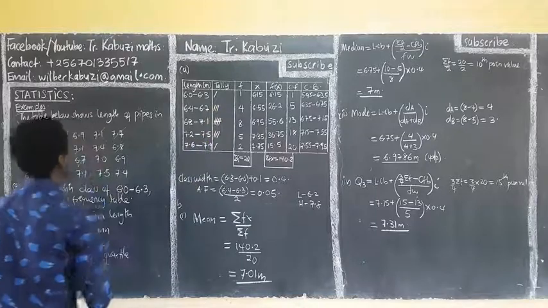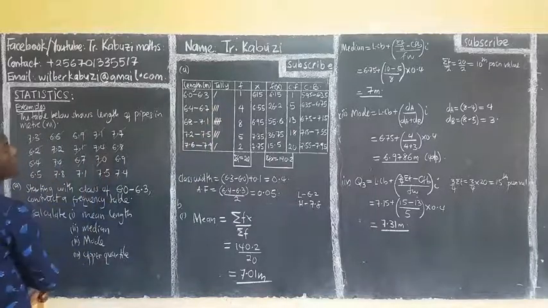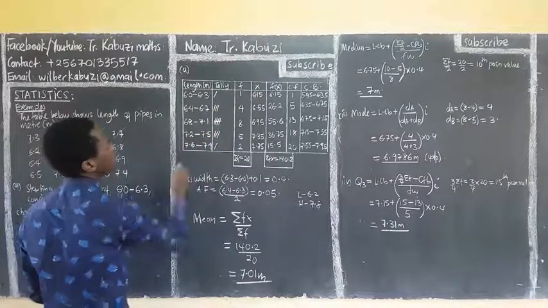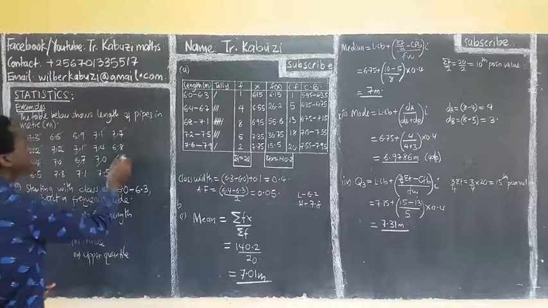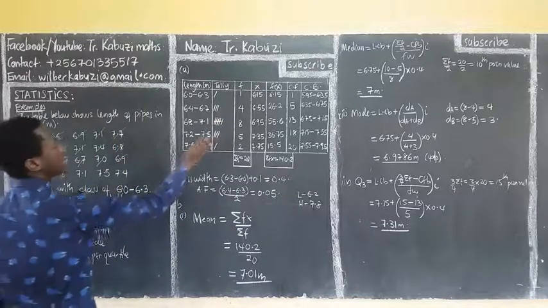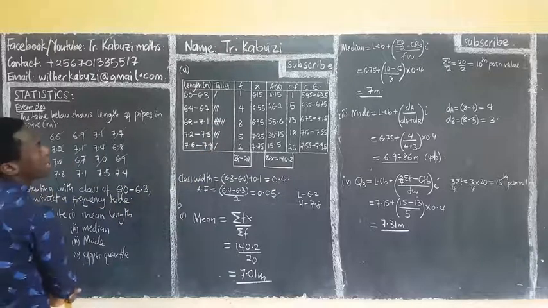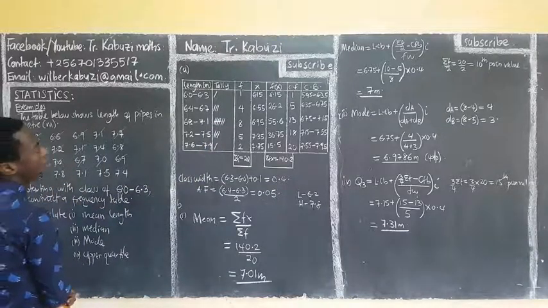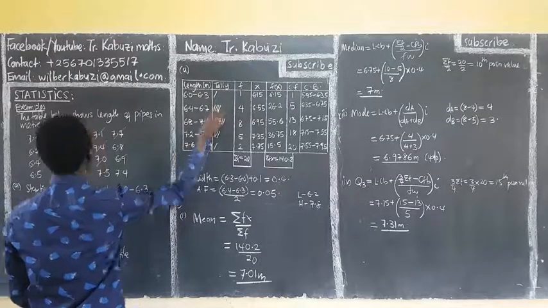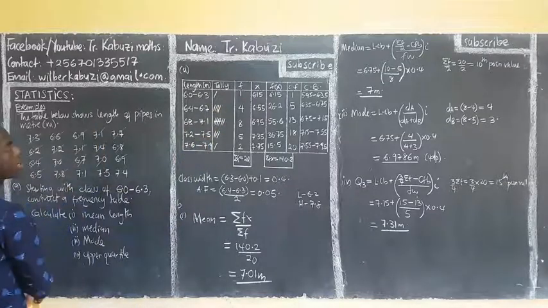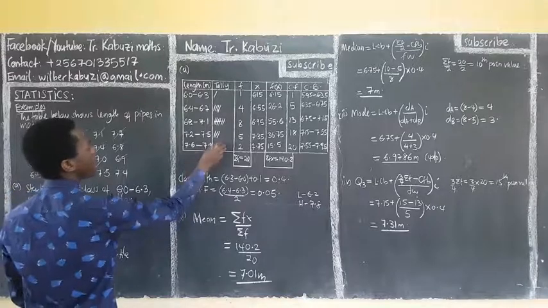You pause so that you don't repeat a number. 7 is here. 6.9 is still here. 6.5 is here. Then 7.8 is here.